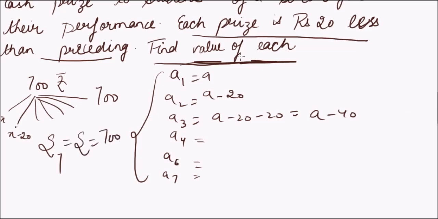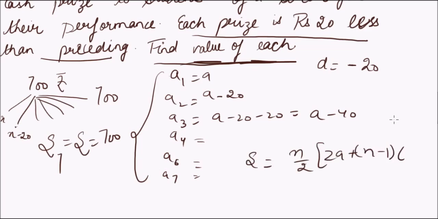Now, the question says that each prize is 20 less than the preceding, which means we have a decreasing AP, that is d is negative and its value is 20. So we can write the given question as S equals n by 2 into (2a plus (n minus 1) into d), where d is minus 20.